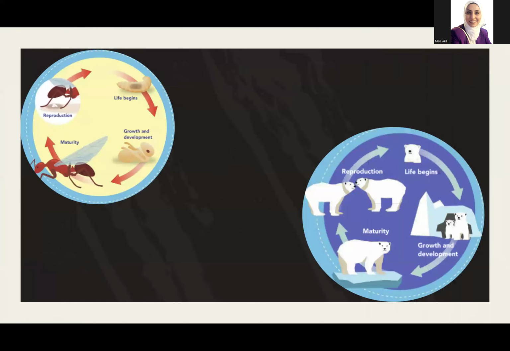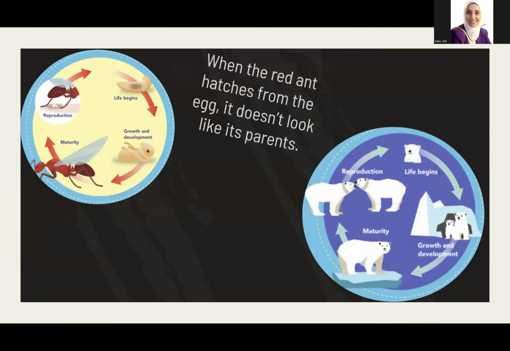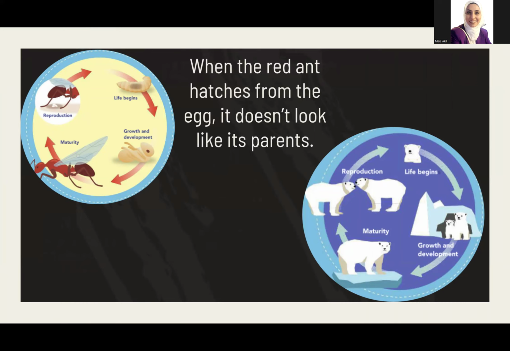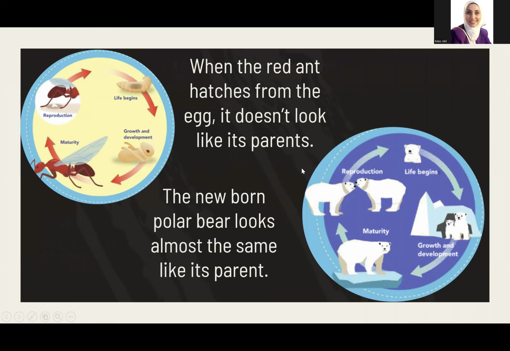As you see here, the red ant hatches from the egg, and while it hatches from the egg, it looks very different from its parents. While the newborn polar bear, as you see, looks almost the same as its parents.